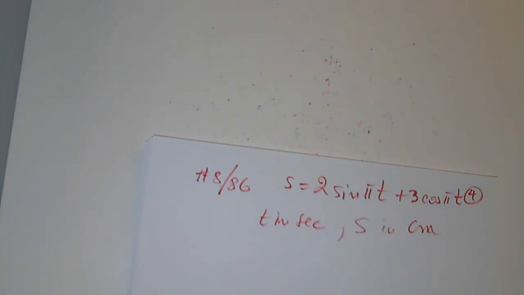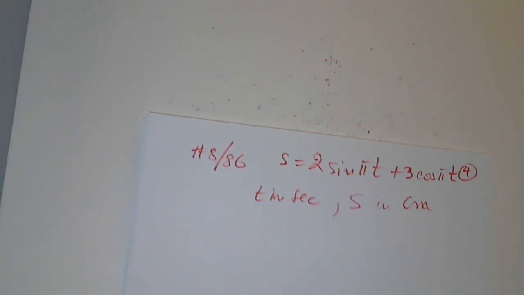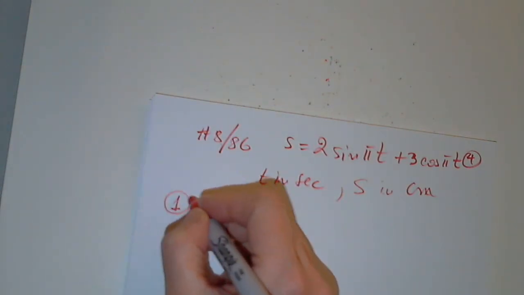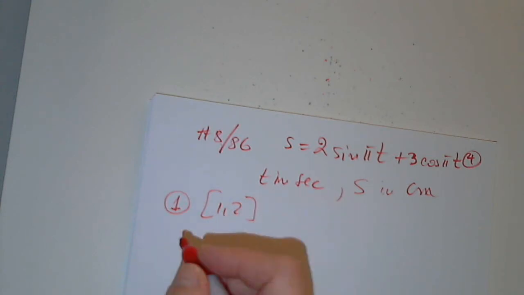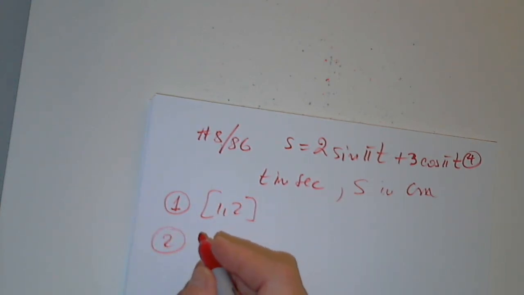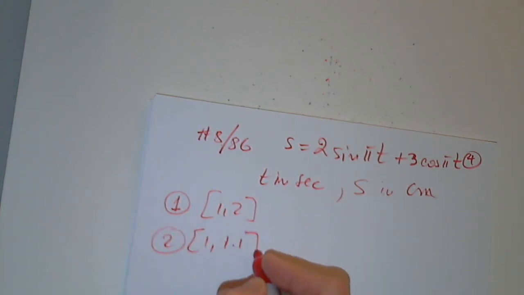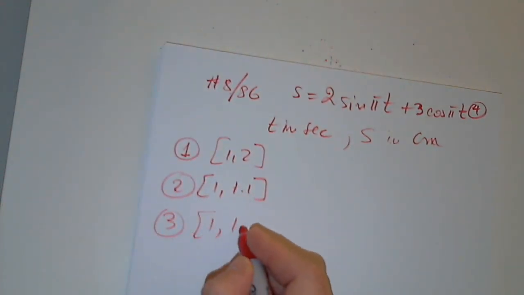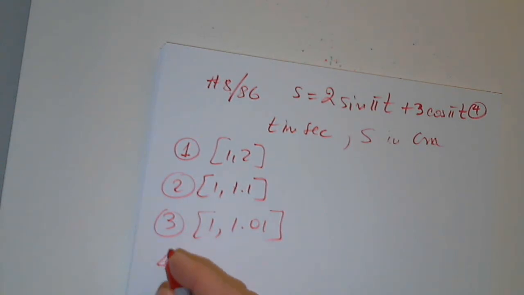Find the average velocity during each time period. They are giving us 4. So here's number 1, 1 comma 2. Here's number 2, 1 comma 1.1. Here's number 3, 1 comma 1.01. Here's number 4, 1 comma 1.001.